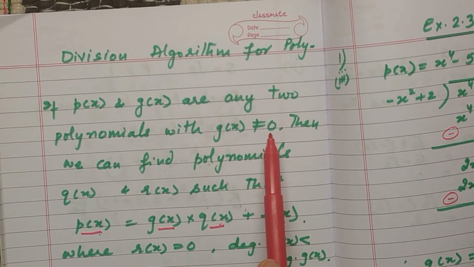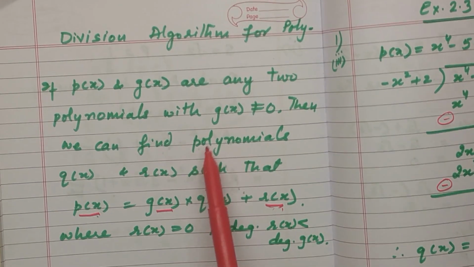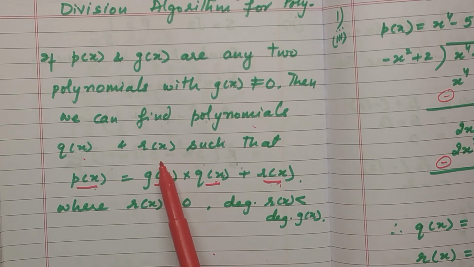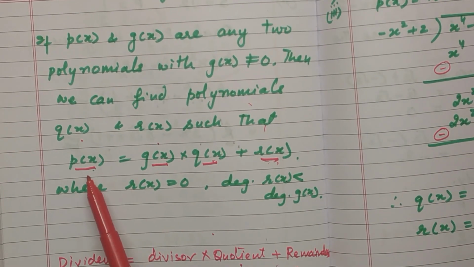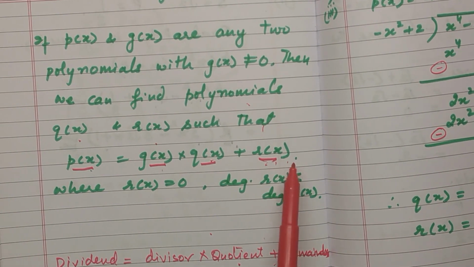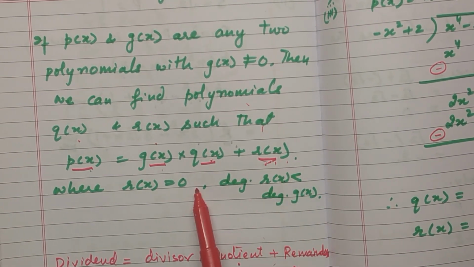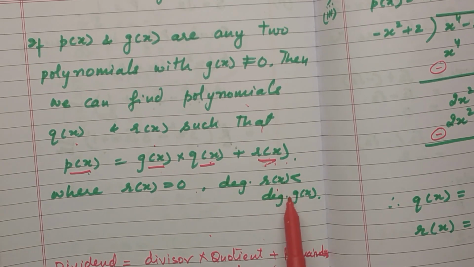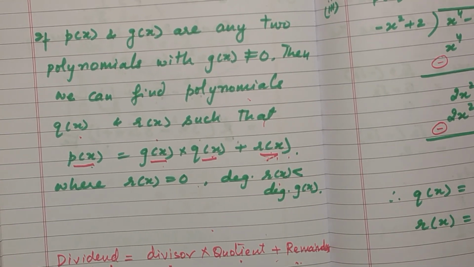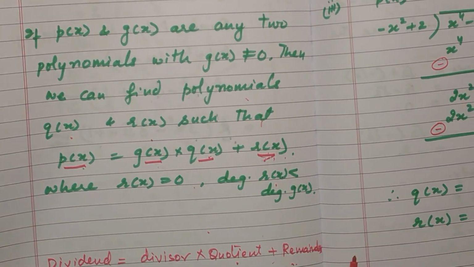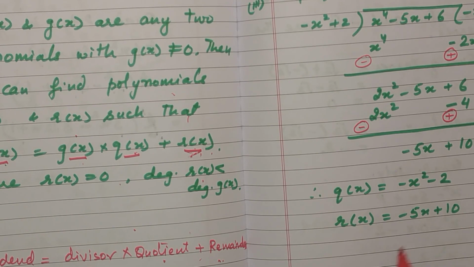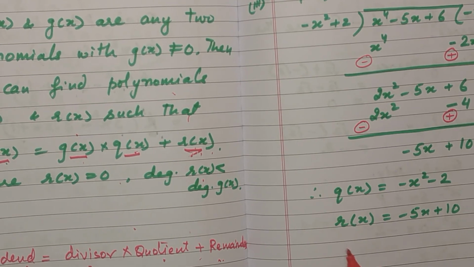Then we can find the quotient and remainder q(x) and r(x) such that p(x) is g(x) into q(x) plus r(x), where either the remainder is 0 or the degree of the remainder is less than the degree of the divisor. This is how we do normal division. We stop division either when the remainder is 0 or the remainder is less than the divisor.